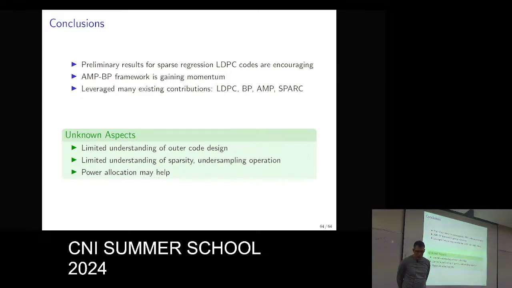I should also point out that there has been some interesting work that ties AMP to machine learning. Whenever you have an iterative algorithm, you can unroll it. And if you don't know which denoiser to use, you could hope to learn it. So there's learned AMP, where the denoisers are learned.